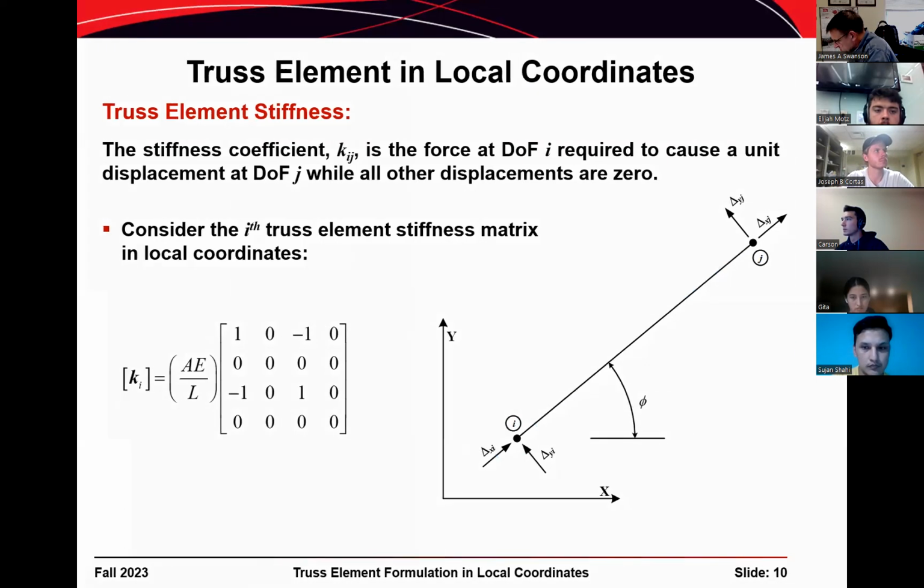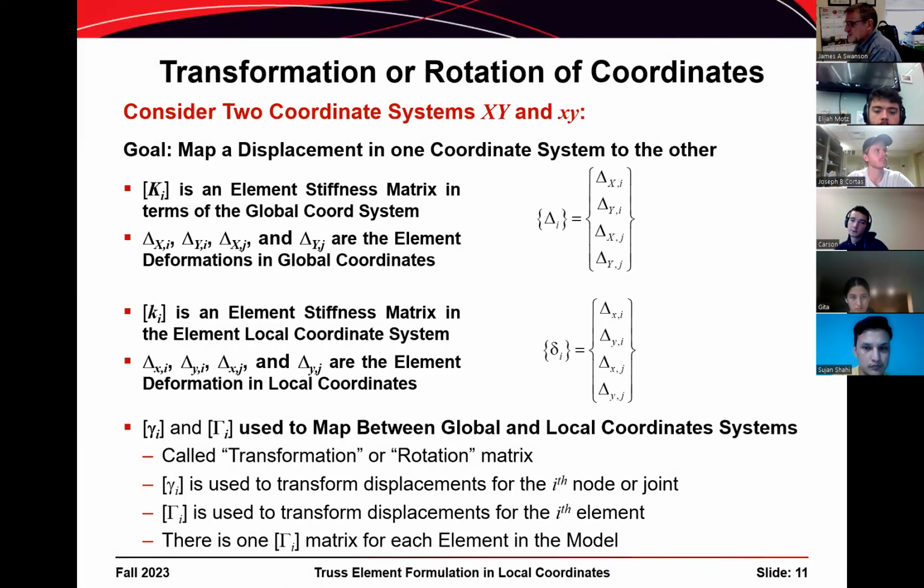What we're going to do now, though, is we're going to develop 2 new matrices, a lowercase gamma and an uppercase gamma, that are used to transform between the 2 matrices. We call it a transformation matrix. We call it a rotation matrix. Those are generally synonymous. The word transformation is probably more general.